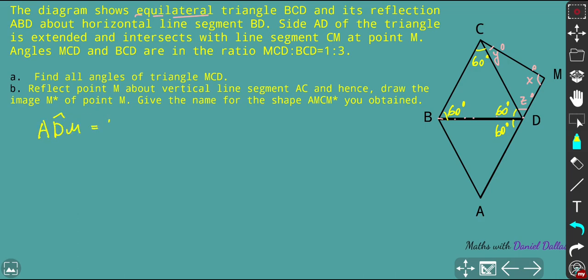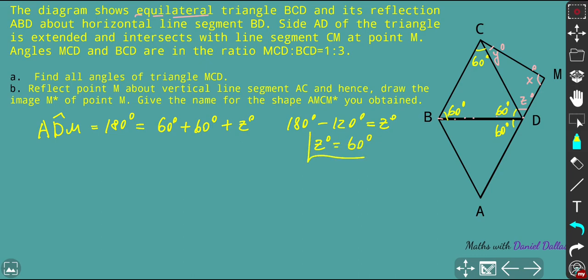Its measure is 180 degrees, and it's the sum of 60 degrees, the 60 here and here, and angle Z. From there we can figure out the value for Z. It's 180 minus 120, which gives us the value for Z. So finally, angle Z is 60 degrees. We found the first candidate, and we also need to find angle Y.